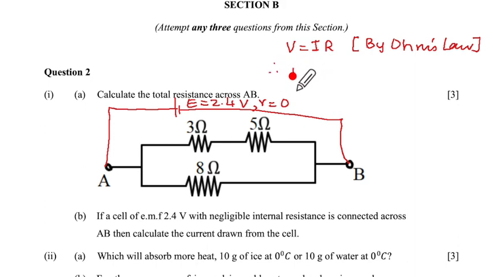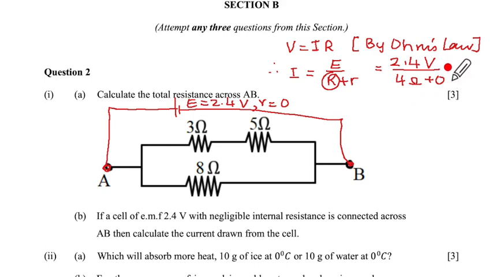And so therefore your I will be equal to E upon R plus r. Now we have EMF 2.4 volts. This R is the external resistance between A and B, which turned out to be 4 ohms, and plus internal resistance is 0. So you could say that it is 24 upon 4 into 10. So 4 ones are 4 and 4 sixes are 24. So we will have 0.6 ampere.